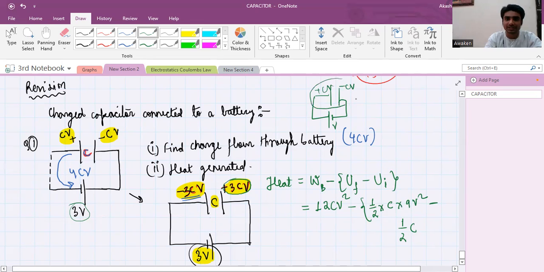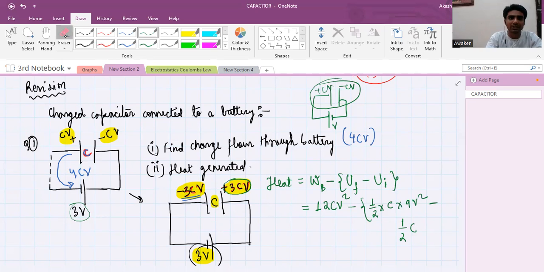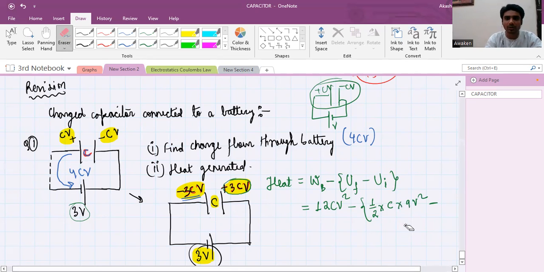This is the initial condition. Getting it or not? Initial condition must have been like that. So rather than writing half CV square, you can better write it in the format of Q square by 2C, because Q is CV. One you can use half CV square, another you can use Q square by 2C, no problem, it will give the same.